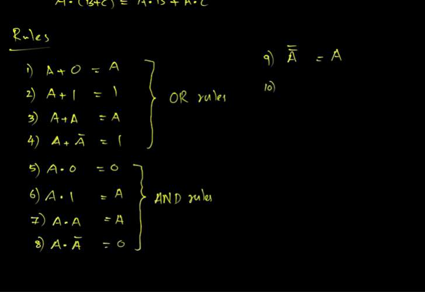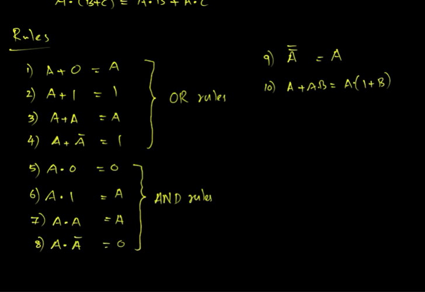Now another one is, if you consider a plus ab, using the distributive law, a plus ab can be written as a AND 1 plus b. Here ab means a and b.